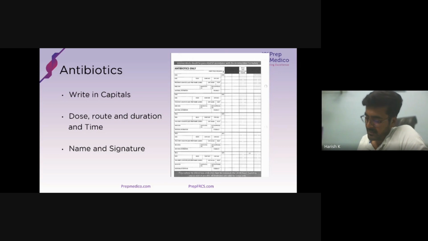You should also see if the patient has any liver or kidney ailments. In that case, you have to look at how much dose we can give for a certain creatinine clearance, or certain levels of blood results. So you should be very careful on all these aspects when you prescribe antibiotics, including duration and timing as well. Over to you, Harish.